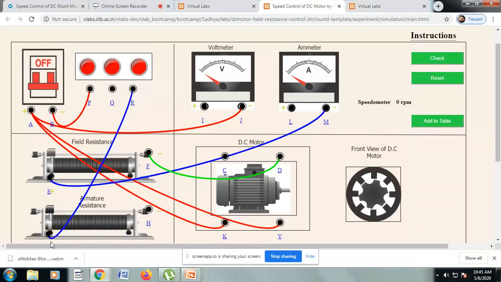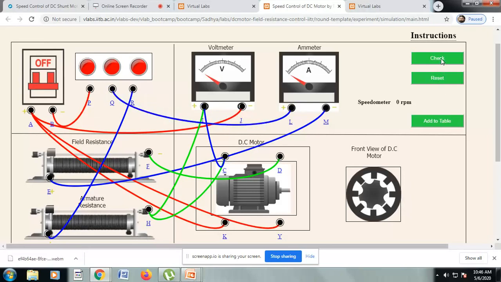This is armature resistance, armature part, and H to armature, H to I voltmeter, and voltmeter and armature is connected now, and field goes to ammeter.